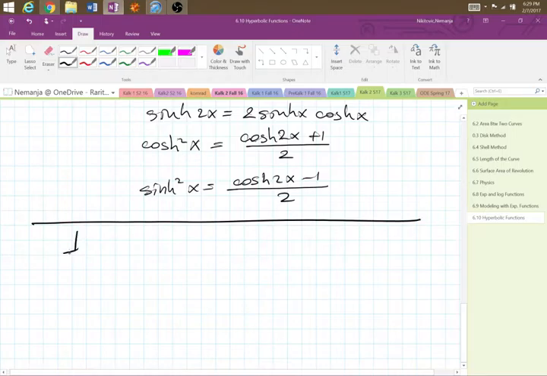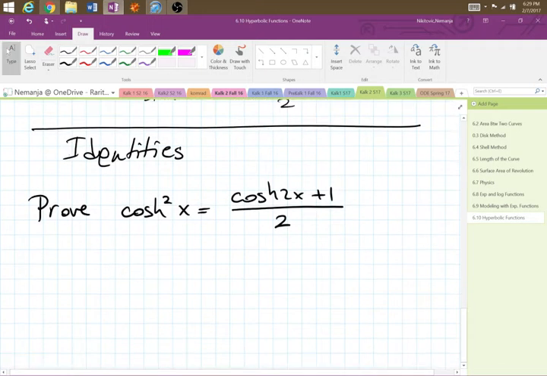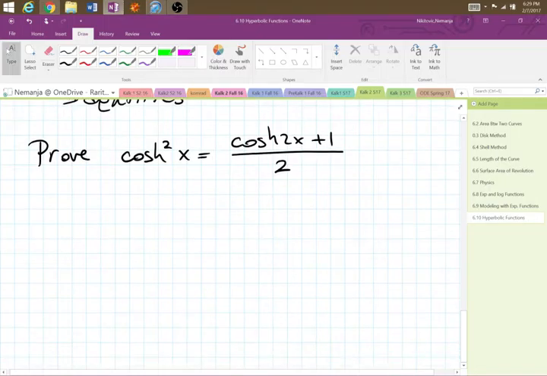So, identities. Say, prove cosine hyperbolic squared x is equal to cosine hyperbolic 2x plus 1 divided by 2. All right. So how do I do this? Well, on the left-hand side, I will write e to the x plus e to the negative x over 2, everything squared.